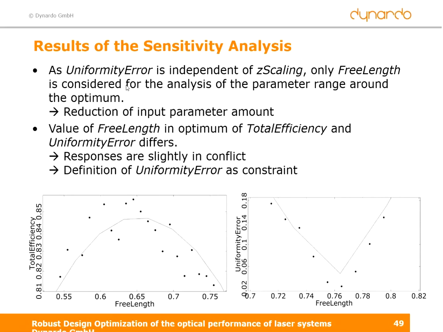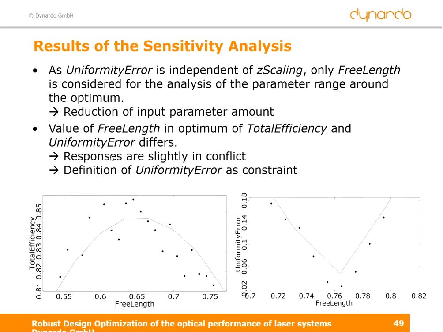So, as I said, as this uniformity error is independent of the set scaling, only the free length needs to be considered for the further analysis to find the optimum. So we can actually reduce the input parameter amount because we don't need to consider set scaling.